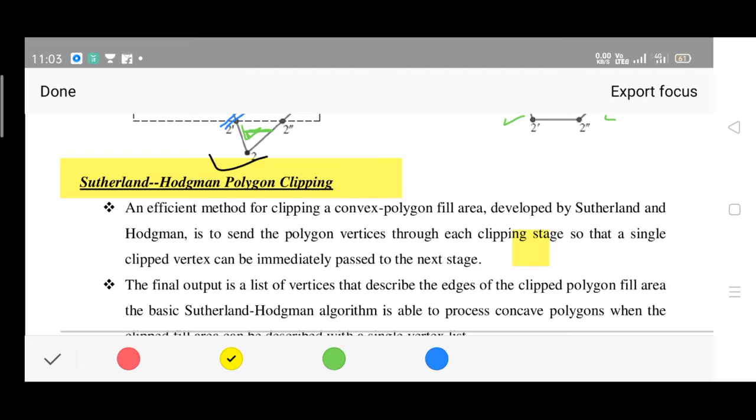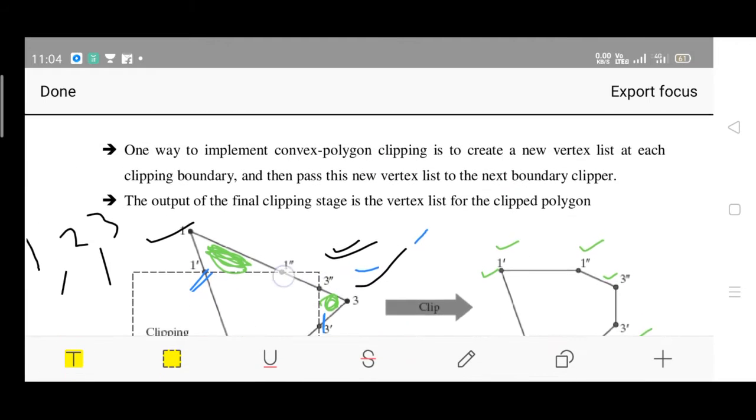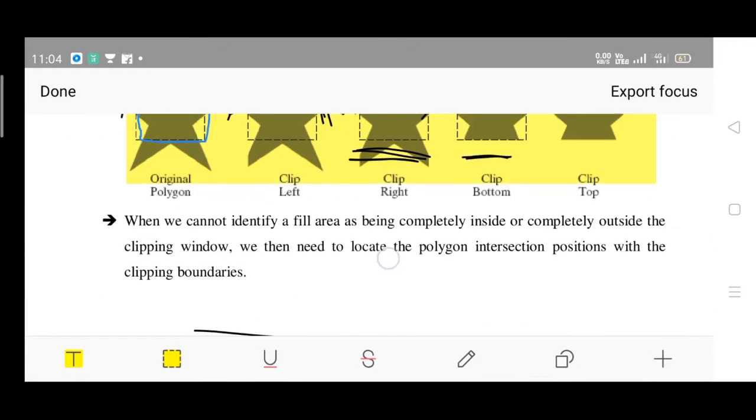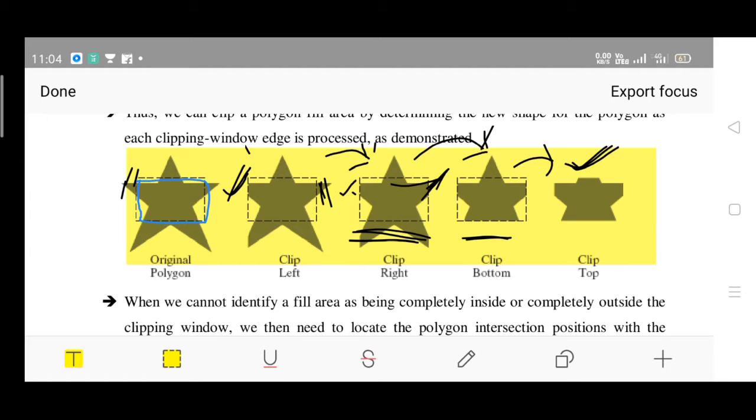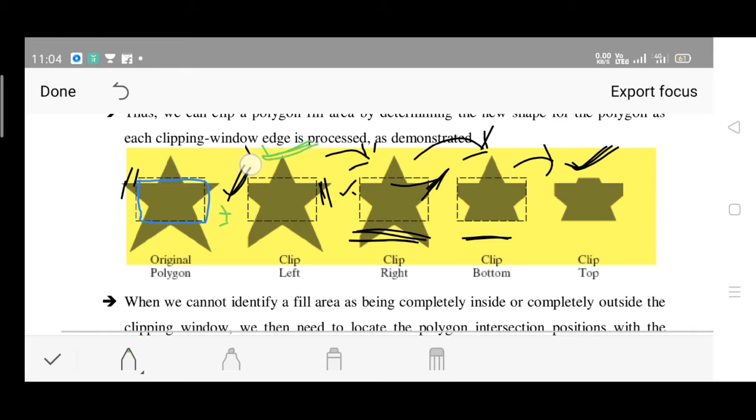This sends the polygon vertices through each clipping stage so that a single clipped vertex can be immediately passed to the next stage. So it's a pipeline architecture, one after the other, a sequence of steps we are performing, which you can see here. Just now we have considered the example, right? Consider this as the first stage of the pipeline.